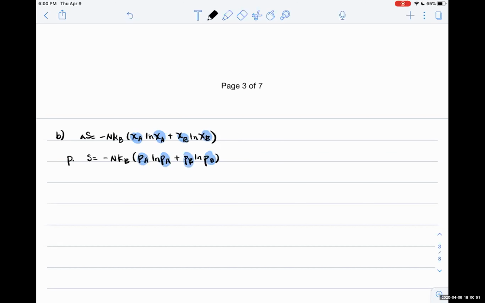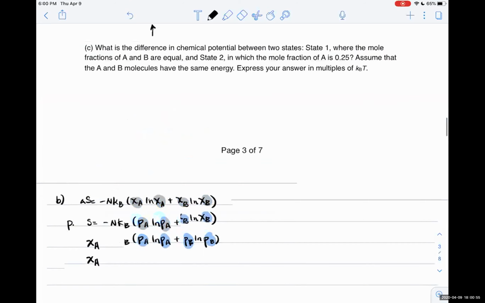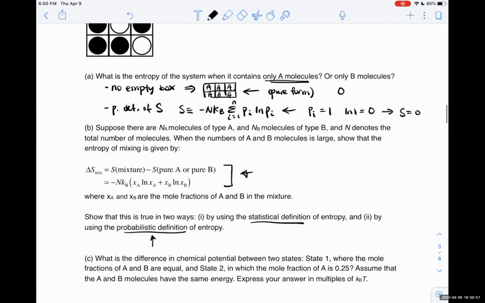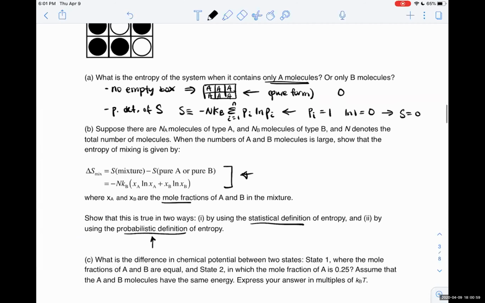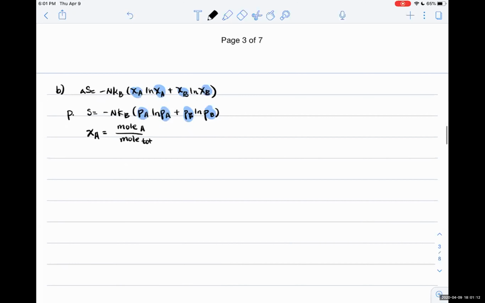But if you look closely, xA is actually the mole fraction of A in the mixture, which means that xA is moles of A over total moles in the system. And we know that pA is defined very similarly: the number of molecules of A over the total number of molecules in the system.